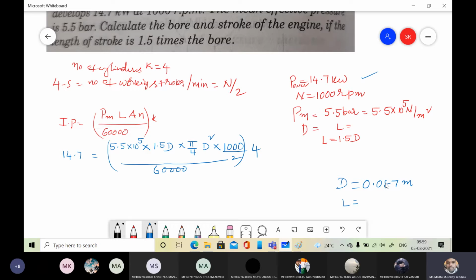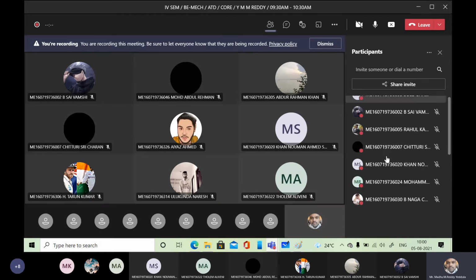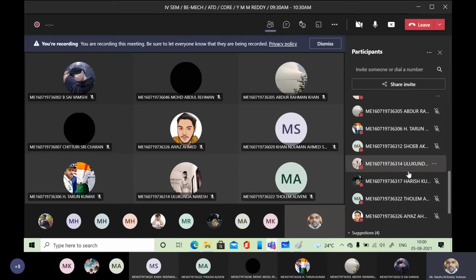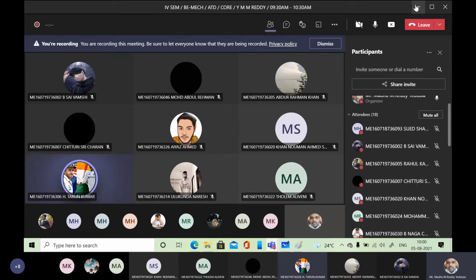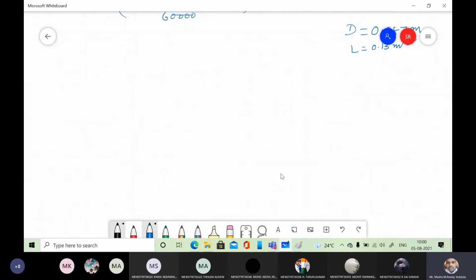L value is 1.5 times D. All of you operate the calculator. 0.1305, sir. Yes, meter. Clear, all of you? Is it clear to all? Yes, sir. Right. These are just basic problems.